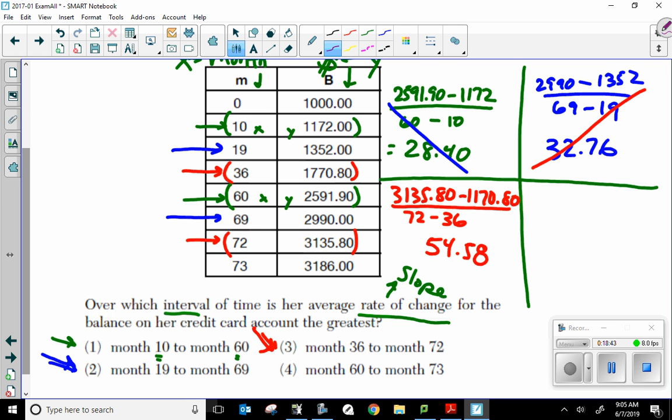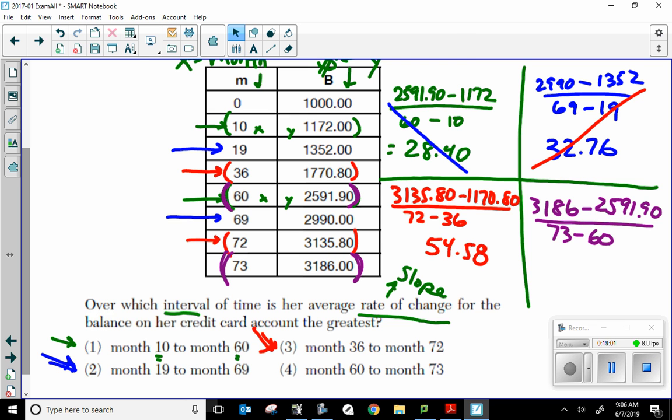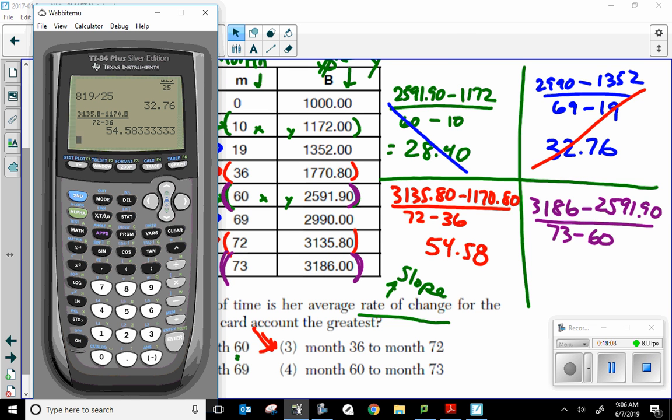People. From 60 to 73. From 60 to 73. All right, look at that. So we got 3186 minus 2591.90 all over 73 minus 60. All right, after this, we're going to have our answer.